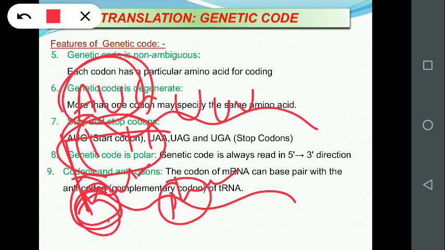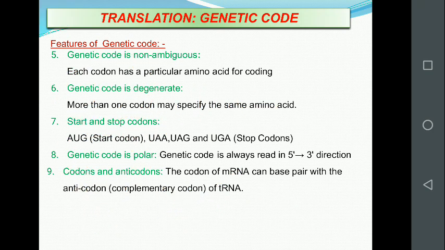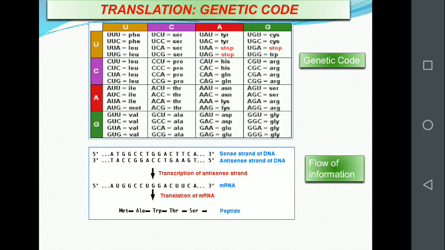That is why tRNA is an adapter molecule. The genetic code is in fact carried out by the tRNA, so the genetic code is within the tRNA. So tRNA plays a major role in the genetic code or translation process. Okay, so those are the features of genetic code.